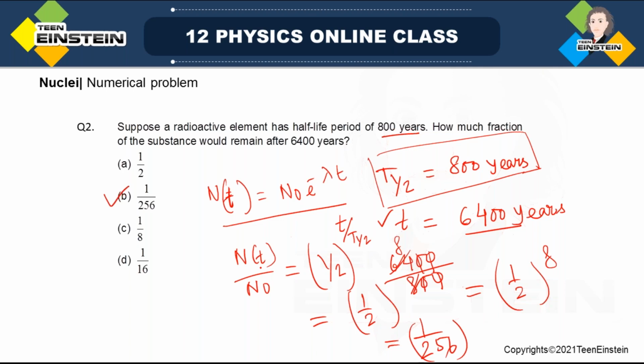So you have to understand, this is the equation for radioactive decay, or the law of radioactive decay. But when you have been given T half, then you directly write N by N0.